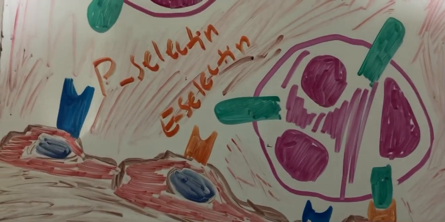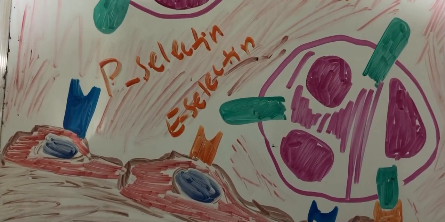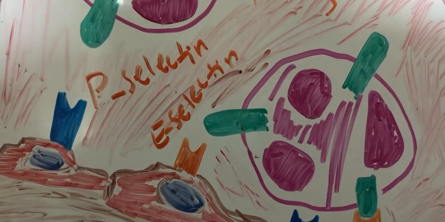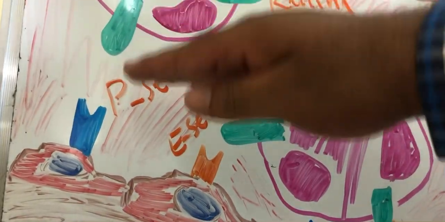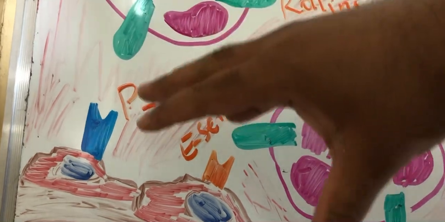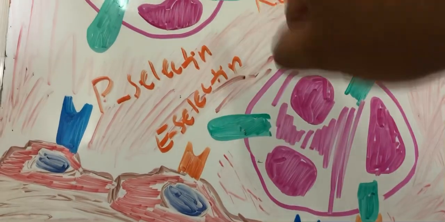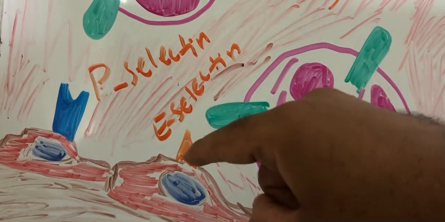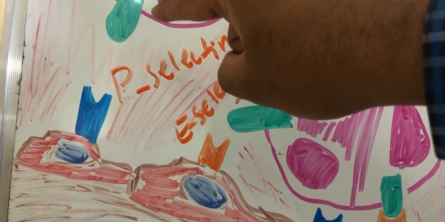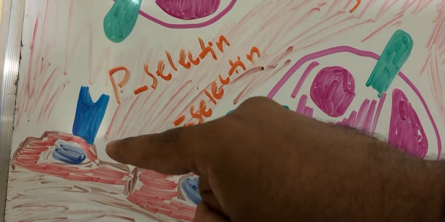So all you need to know is the P-selectin, the E-selectin, and the L-selectins. They are important for the rolling process, where we marginalize these migrating leukocytes and cause them to roll, where one time the ligand will bind the receptor and the next time the receptor will bind the ligand. Sometimes a ligand on the surface of the leukocyte will bind the receptor on the surface of the endothelium.